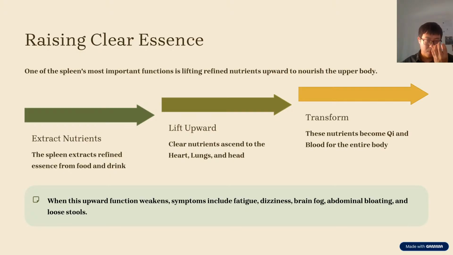With the help of the heart, the blood can be generated. So the heart uses the material supported by the spleen and turns it into blood. That's how blood is generated in Chinese medicine.